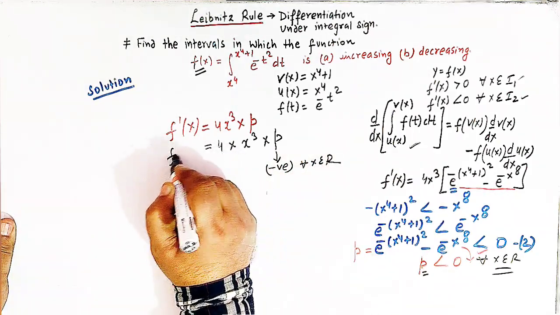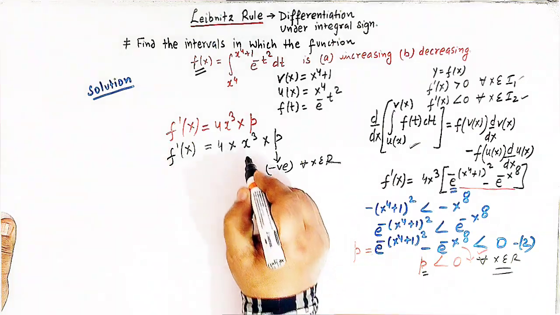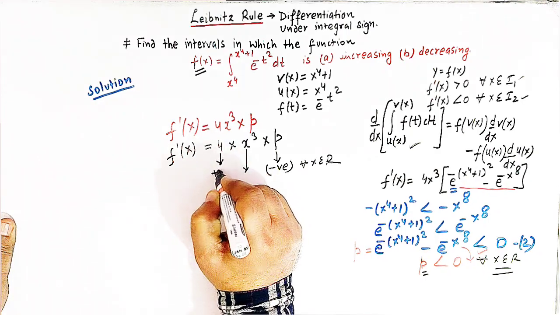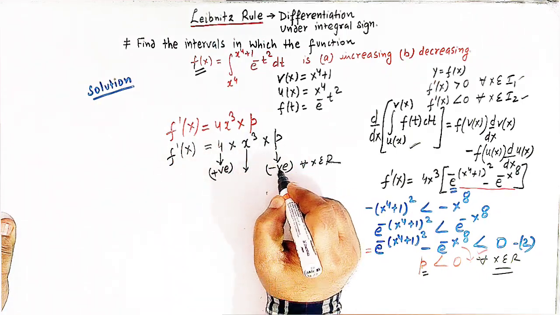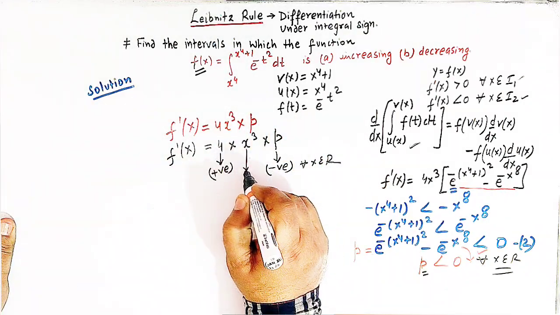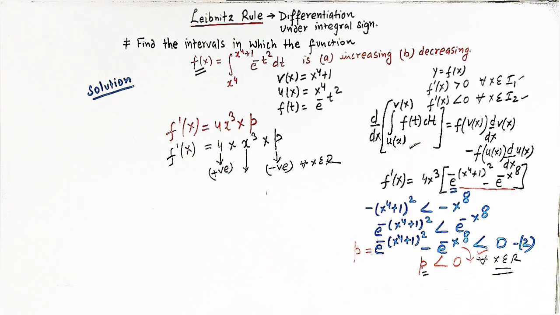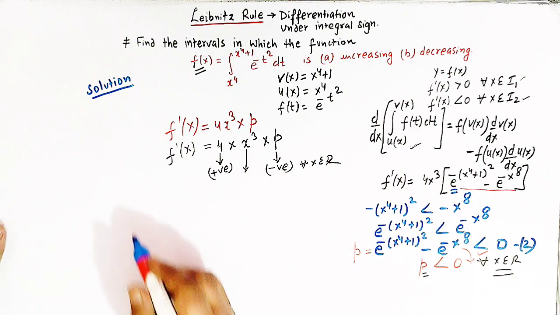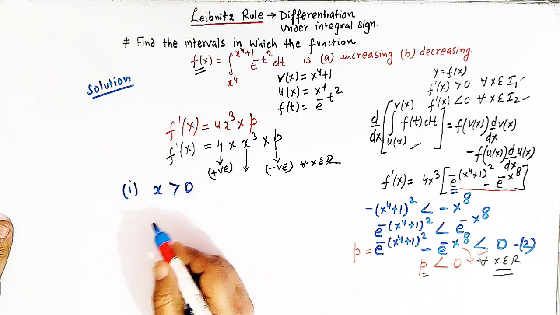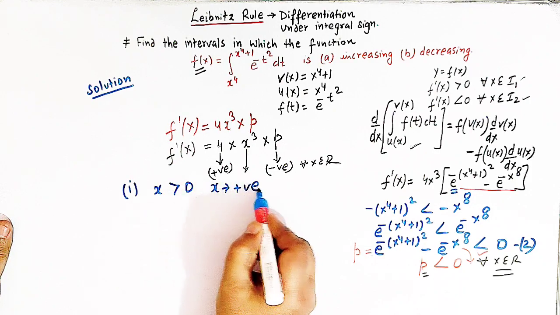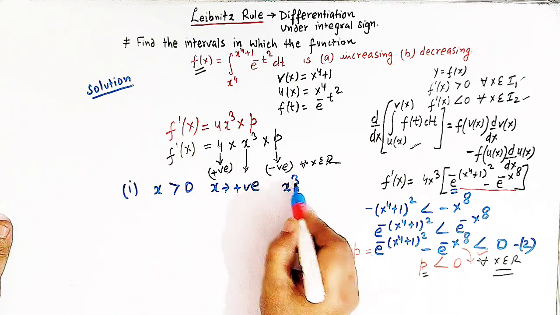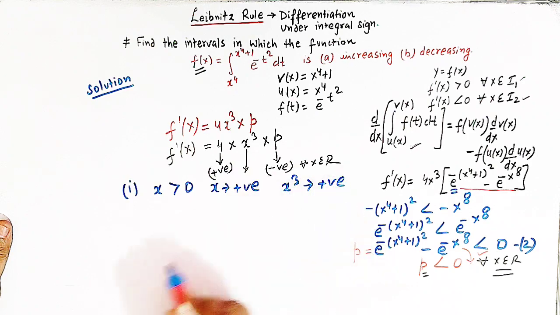So now the sign of f prime of x depends on this quantity, right? Because 4 is already positive and p is negative. So the overall sign of f prime of x depends on x cube, right? So now here two cases arise, right? So when x is greater than 0, it means x is positive, right? So when x is greater than 0 or x is positive, then x cube is obviously a positive quantity, right?